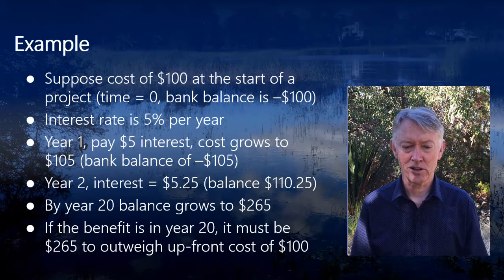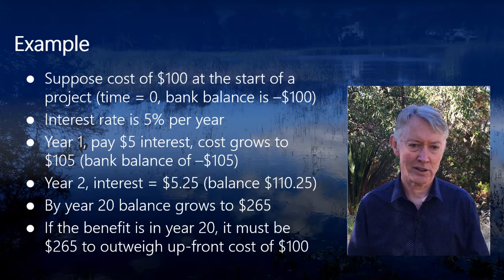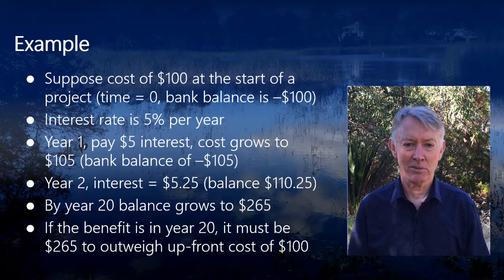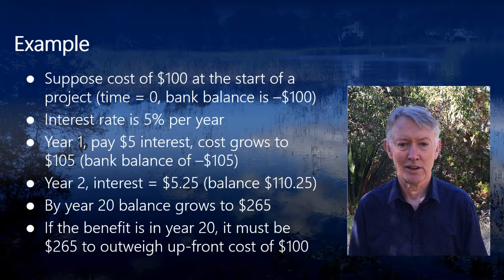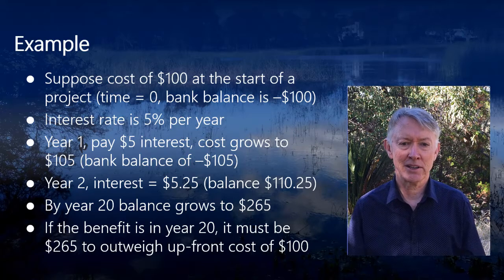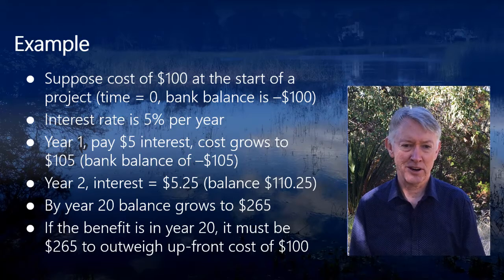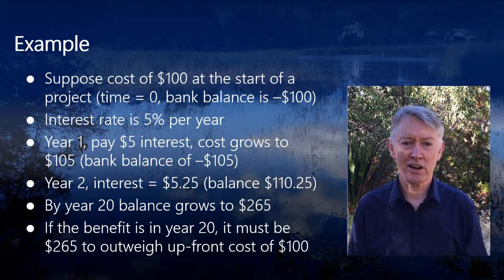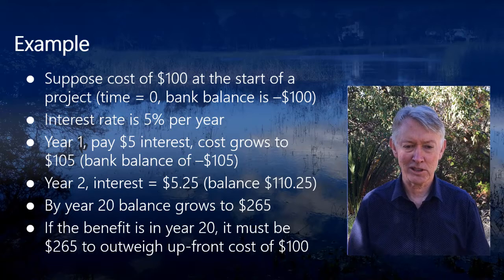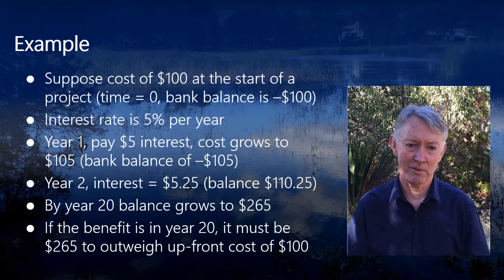So the total cost of the project grows to $105. Or the bank balance, this notional bank balance, grows to minus 105. In year 2, you have to pay interest on that $105. So the balance now grows to minus $110.25. By year 20, this negative balance has grown to $265 because of this accumulation of interest over time.